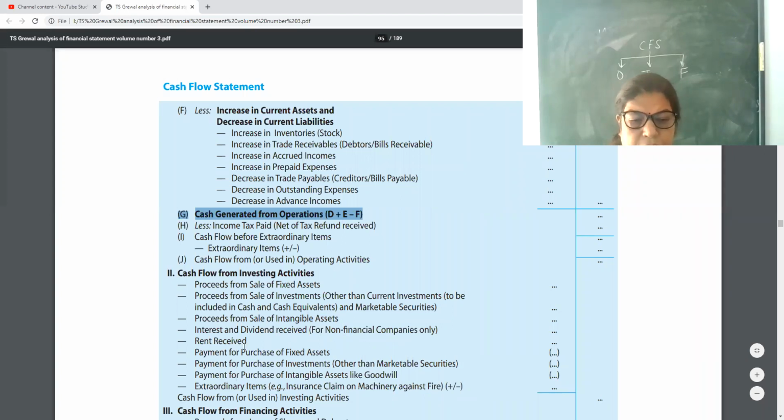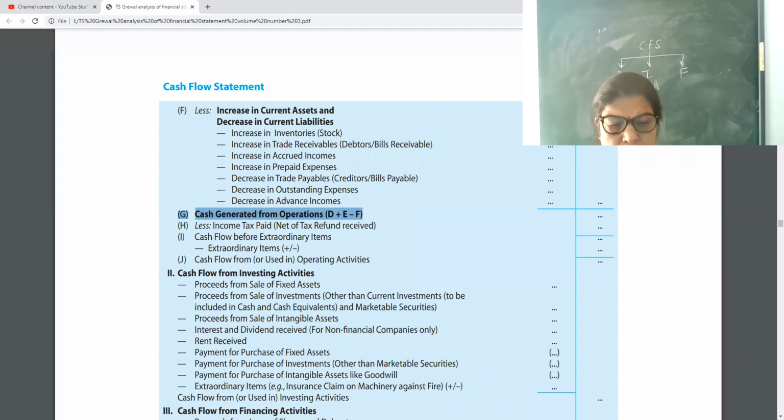Now the reverse of it, write the opposite of it. Proceeds from sale of fixed asset is inflow, then payment for purchase of fixed asset will be outflow. Sale of investment will be inflow, then purchase of long-term investment will be outflow.